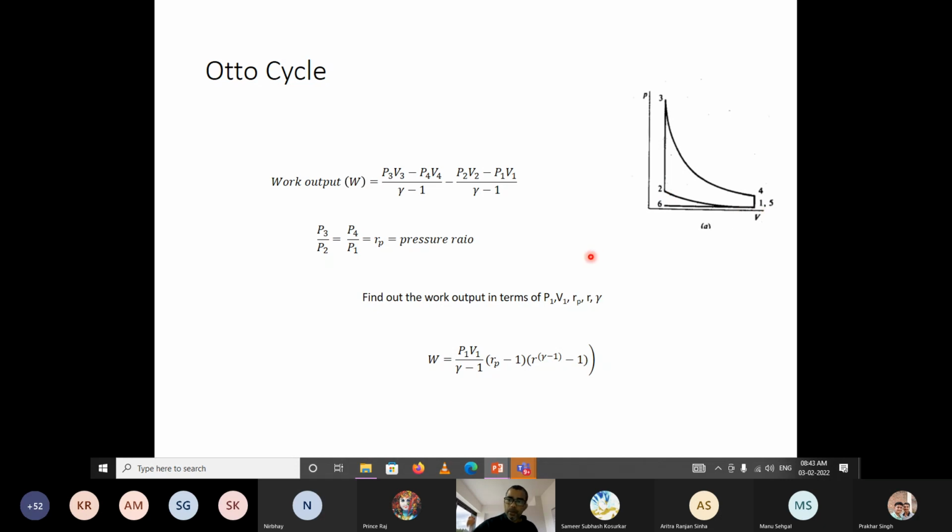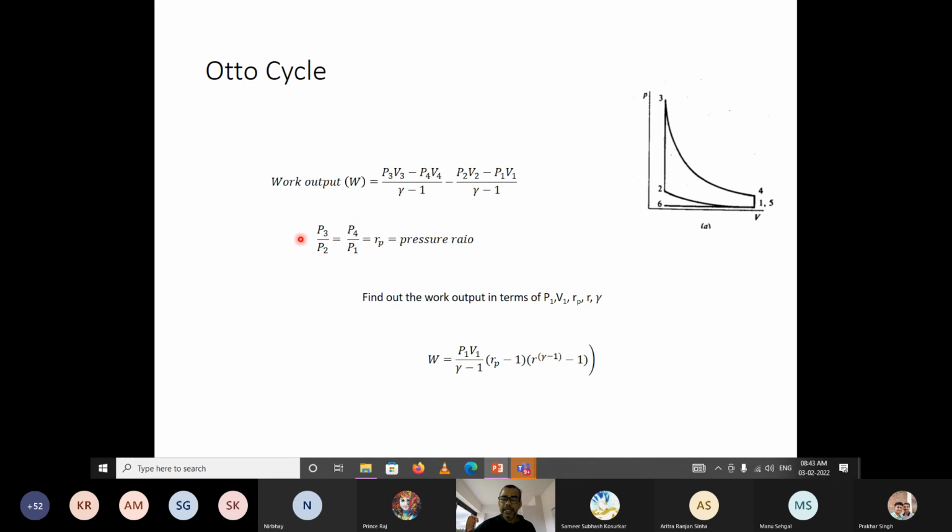When you utilize the concept of the isentropic, adiabatic, and constant volume processes, you will find that the pressure ratio P3 divided by P2 is going to be the same as the ratio P4 divided by P1.